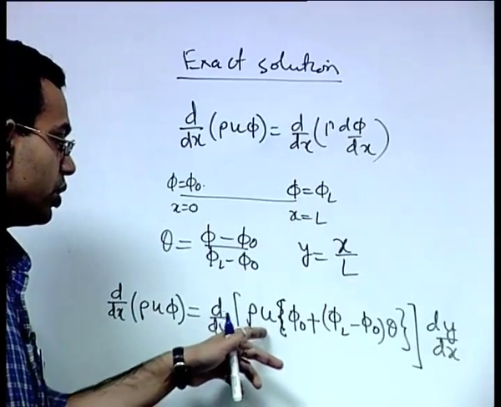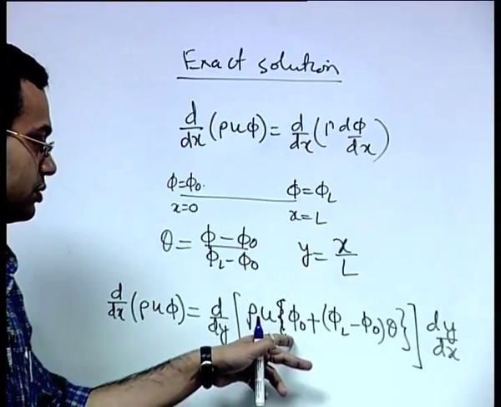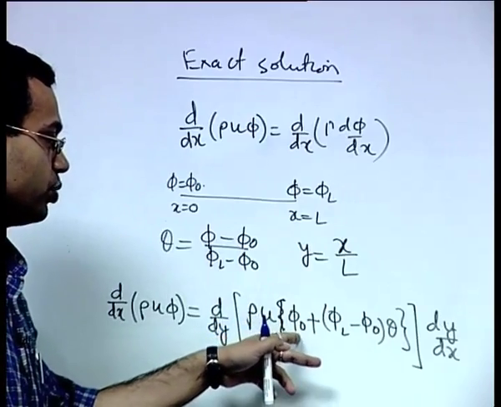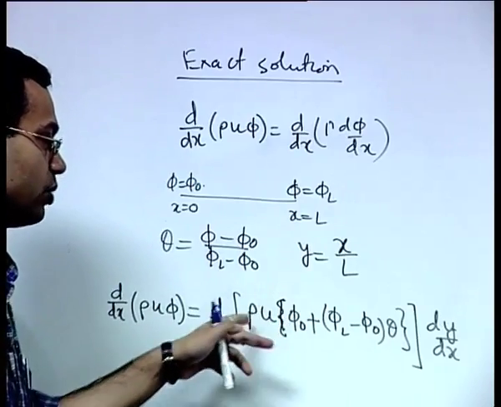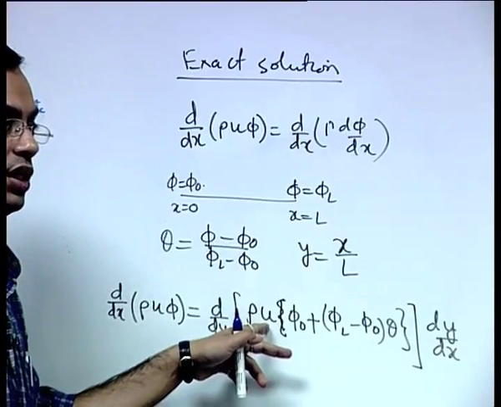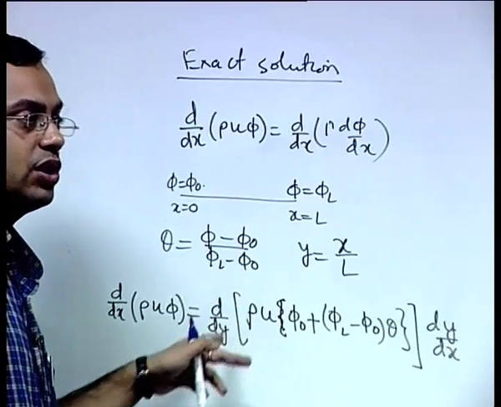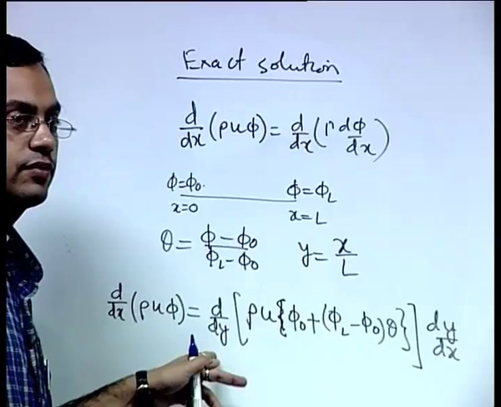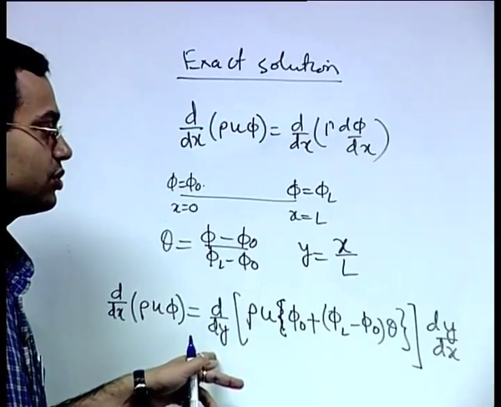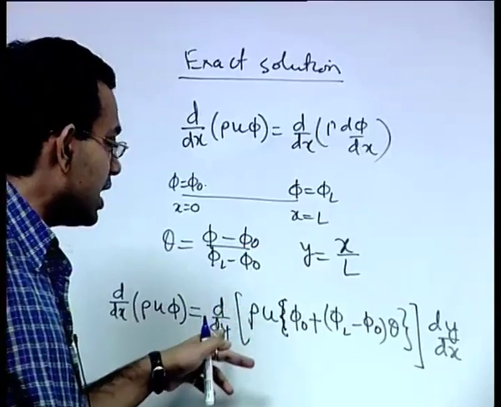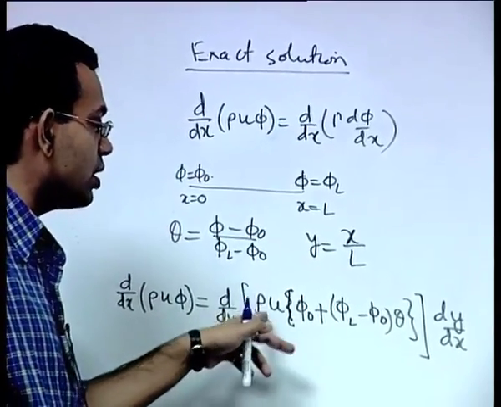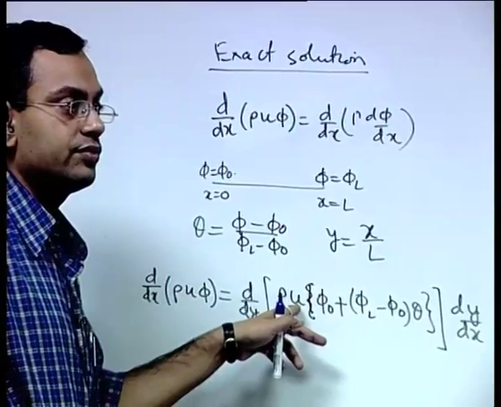d/dy of rho u into phi 0 is what? d/dy of rho u into phi 0 is phi 0 into d/dy of rho u. It is as good as calculating d/dx of rho u because y can be rescaled to x. So it is basically as good as evaluating d/dx of rho u into some constant.